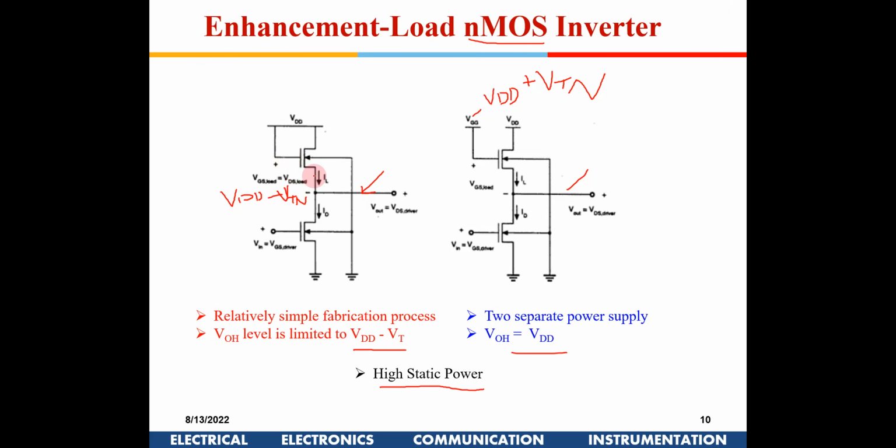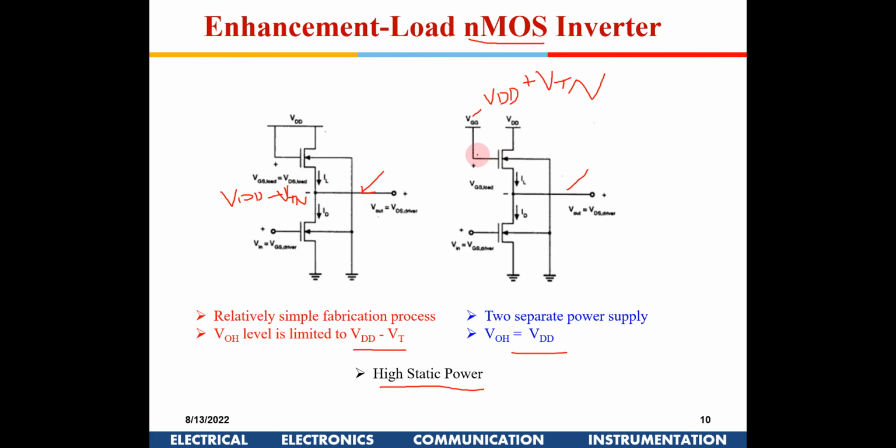Gate is VDD, and source will be VDD minus VTN. So if you subtract, it will come to VTN. It cannot go beyond that because this transistor will get switched off in that particular case.